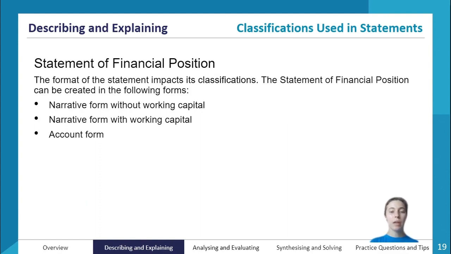So this statement can be formatted in different ways, and that is going to impact the classifications that are used. And so the statement of financial position can be in narrative form without working capital, narrative form with working capital, and in account form as well. So let's go through each of these as well.